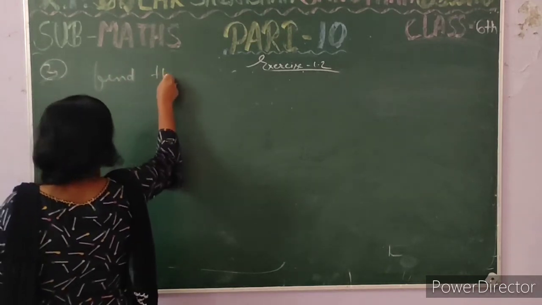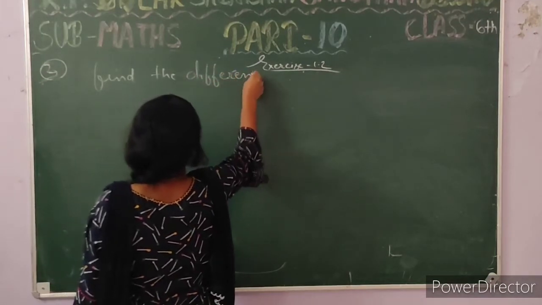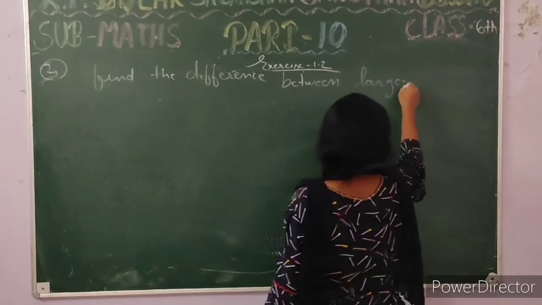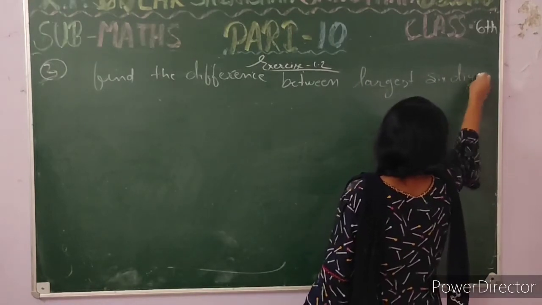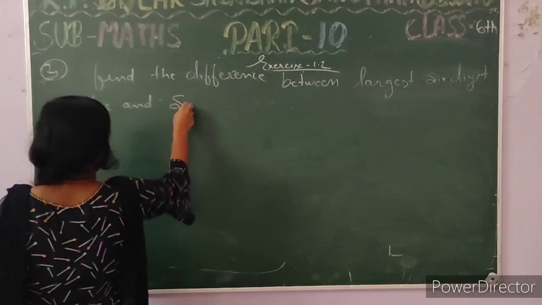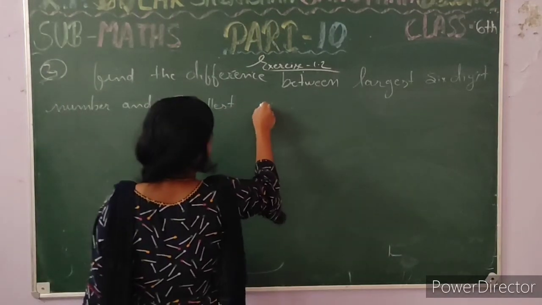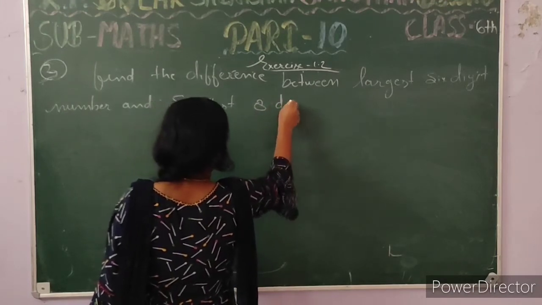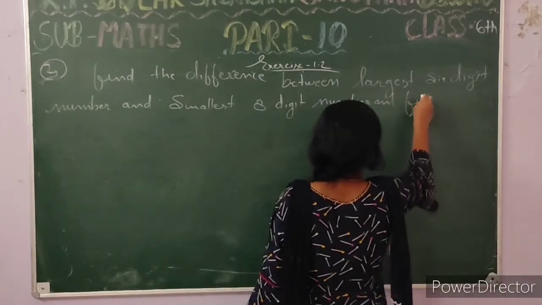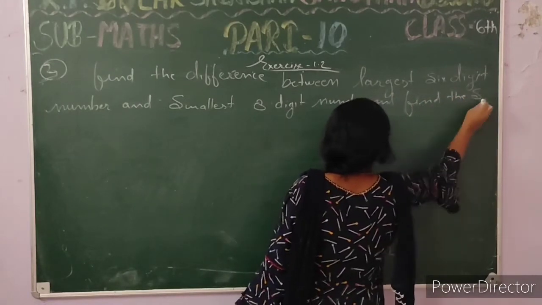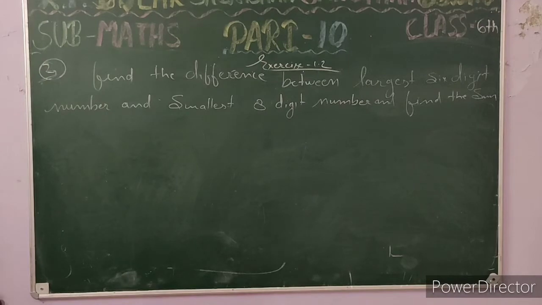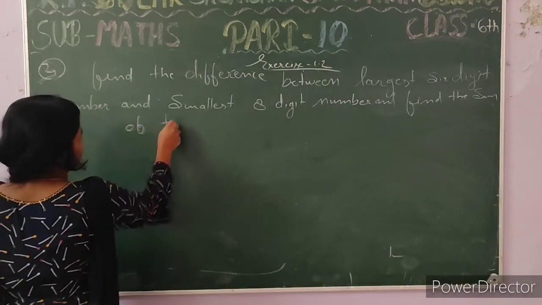Find the difference between the largest 6-digit number and the smallest 8-digit number, and find the sum of the two numbers.